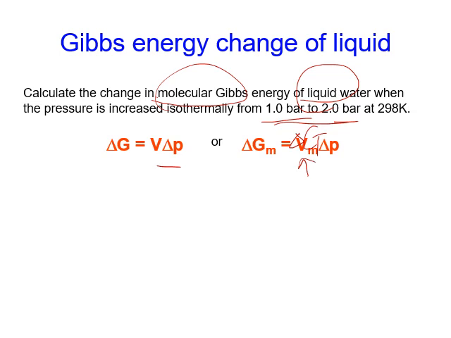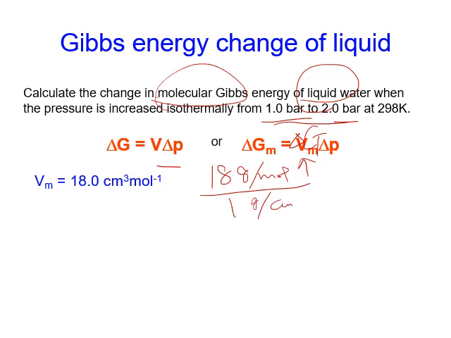For water, molar volume is 18 cubic centimeters per mole. Remember, 18 grams is the molar mass of water, divided by 1 gram per cubic centimeter, the density, and that gives you molar volume.